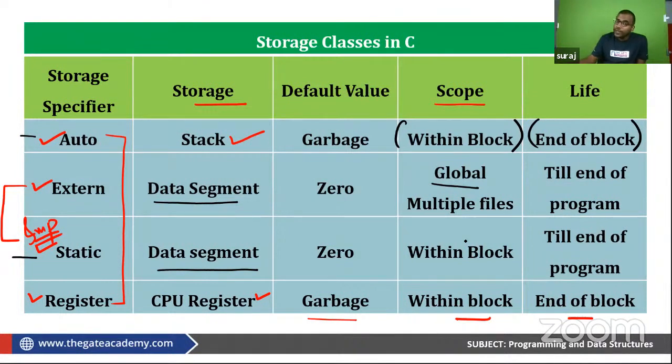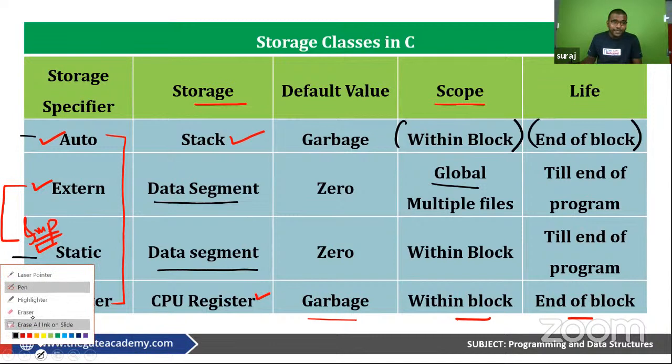Scope is within the block, and here also the scope is within the block. So for both auto and static, the scope of the variable is within the block, but the life is till the end of the block for auto, and here till the end of the program. So auto variables disappear when the function exits, but a static variable retains its value because it does not get deallocated. Its scope is within the block.